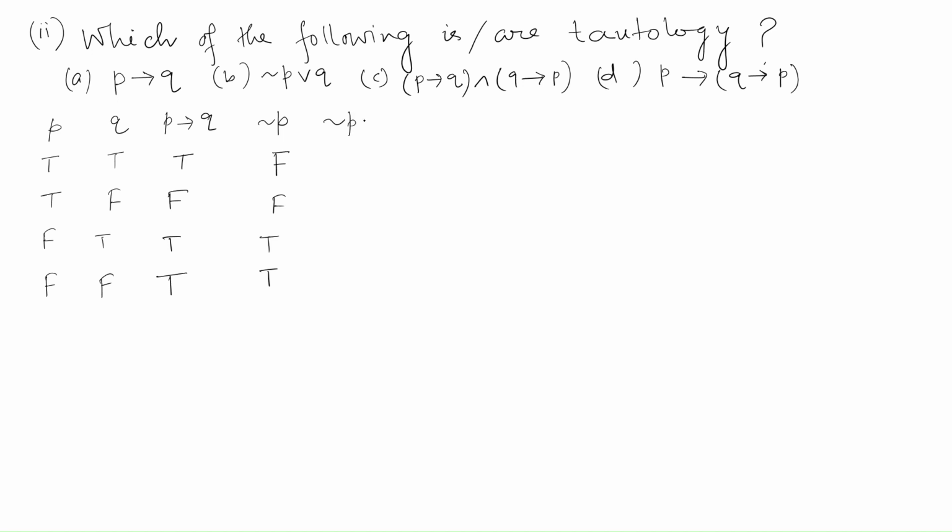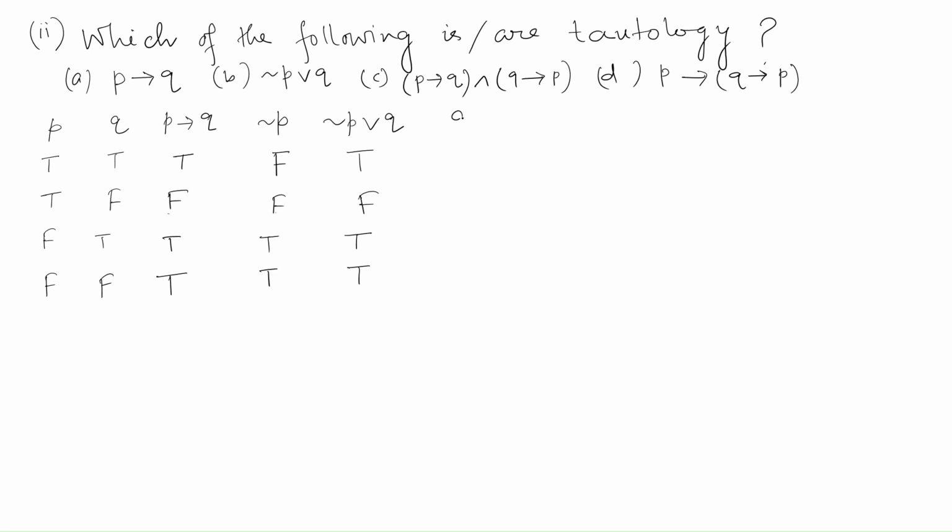Negation P or Q: false, true, true, false, false, false, true, true, true, true, false, true. So option B is also not a tautology.